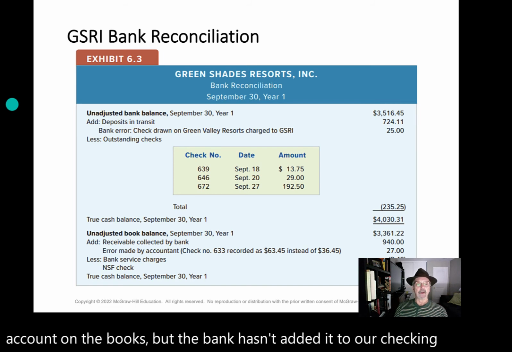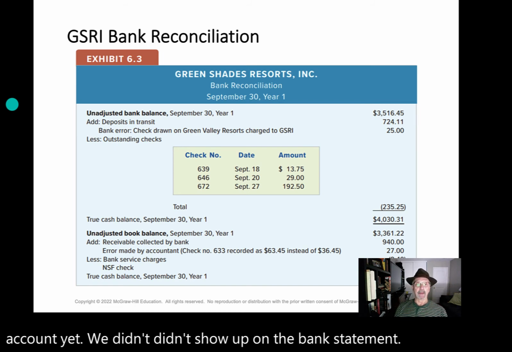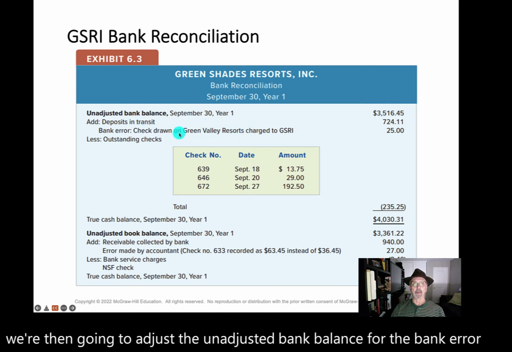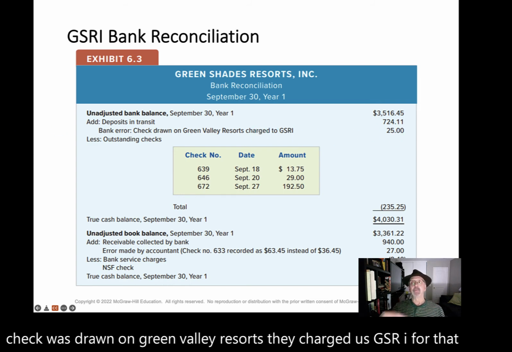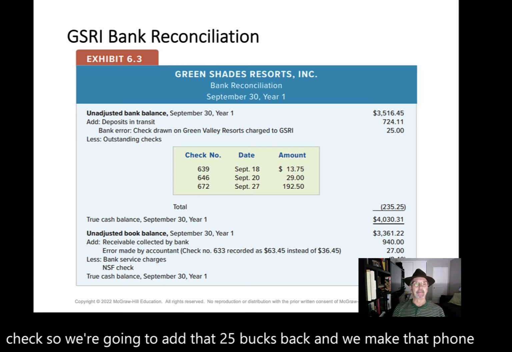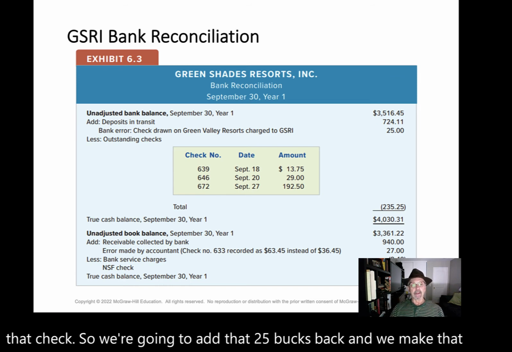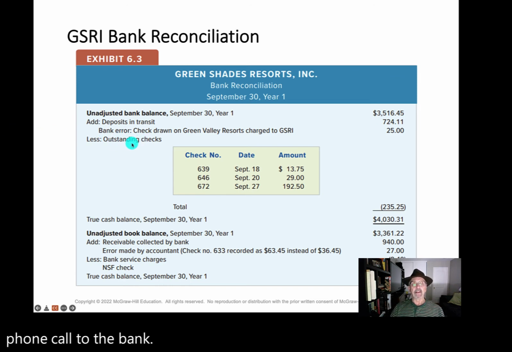We're then going to adjust the unadjusted bank balance for the bank error. They charged us for a check that was drawn on a different company. The check was drawn on Green Valley Resorts. They charged us, GSRI, for that check. So we're going to add that $25 back and we make that phone call to the bank. And then we're going to have to look at what the outstanding checks were.